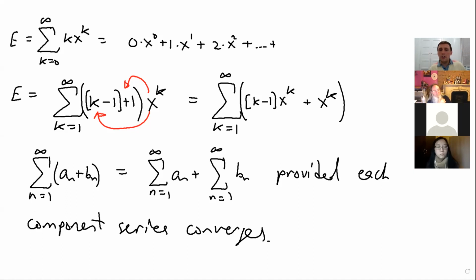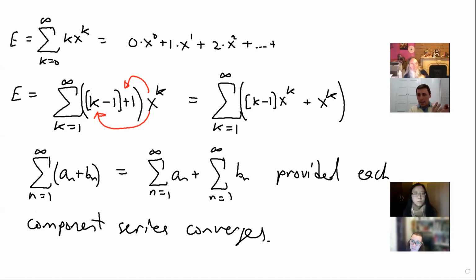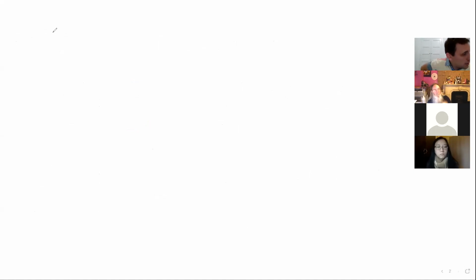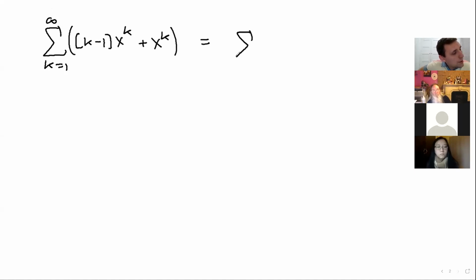You agree? It's a result from Calc 2. If the sum of an exists and the sum of bn exists, I can break it apart. So doing that allows me to break this series. So I can say that this summation is equal to this summation.